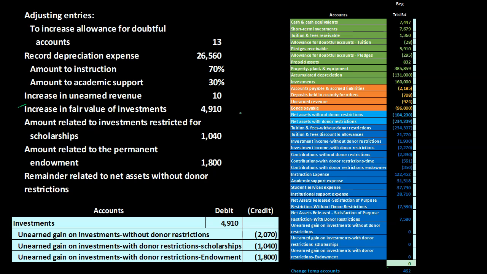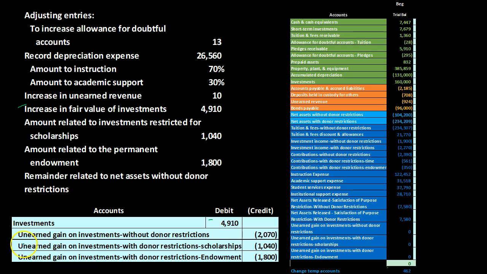The other side of that is going to go typically to unearned gain, some kind of unearned revenue, unearned gain. Now, of that amount, some of this is going to be restricted for the scholarship. Some of it's going to be restricted for the endowment, and the amount that will not be restricted will, of course, have no restrictions. So the investments are going to be increasing to what would currently be the fair value.